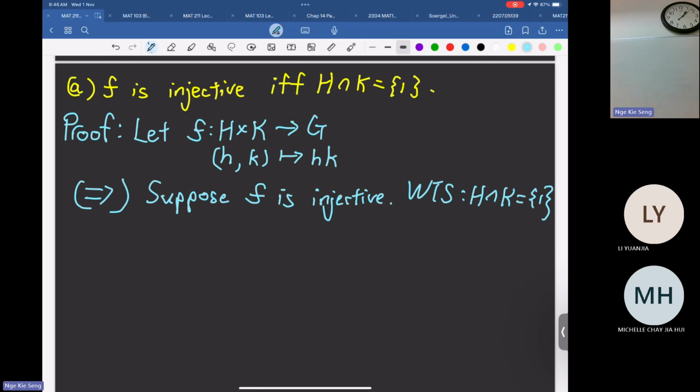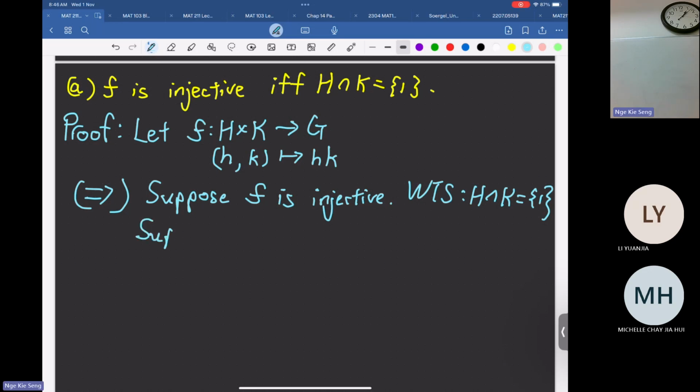Yeah, so we can try and use contrapositive. Okay, suppose the result is not true, then the assumption is not true. Why? Because contrapositive will give us extra things to work with. If I suppose that my intersection is not the identity, that means there's something other than the identity inside my group I can play with. So by using contrapositive, you create an extra condition for you.